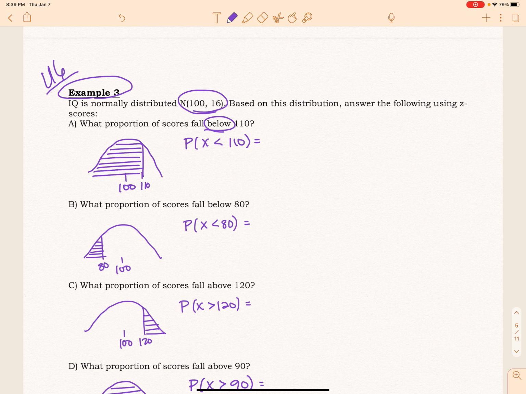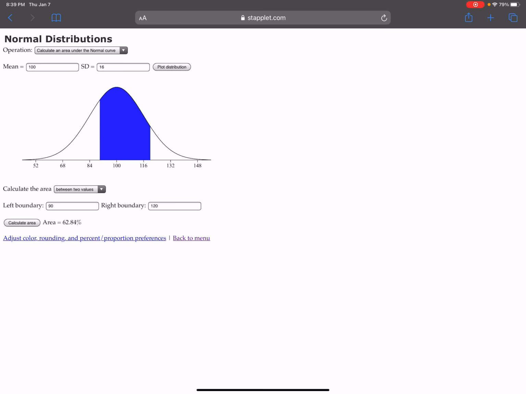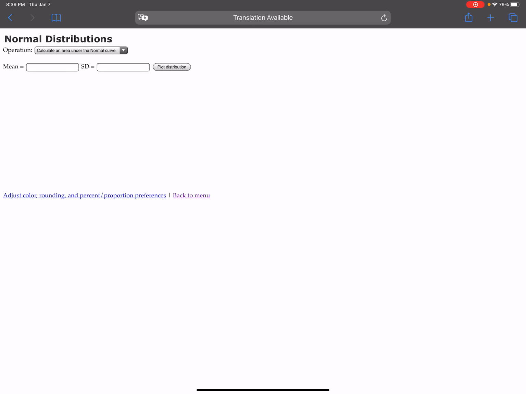All right, so what I'm going to do now is I'm just going to use Stapplet to show you the probabilities. This is pretty straightforward and very easy to do. So I'm going to go to Stapplet. And okay, so here's my initial Stapplet page, and I'm going to click on normal distributions.